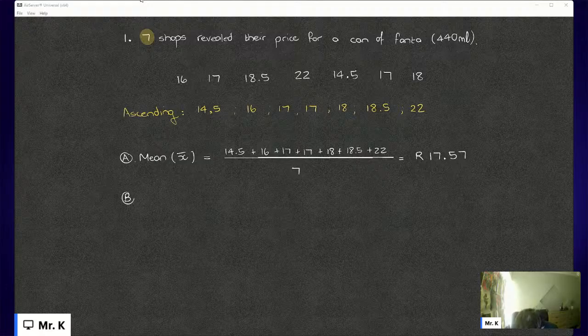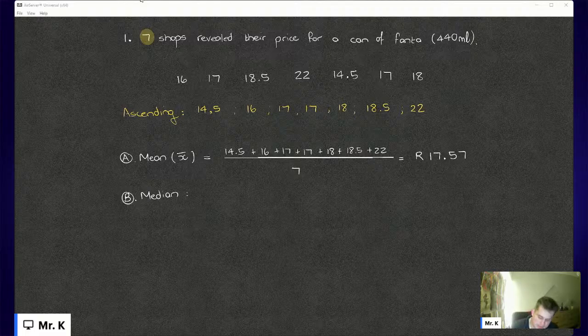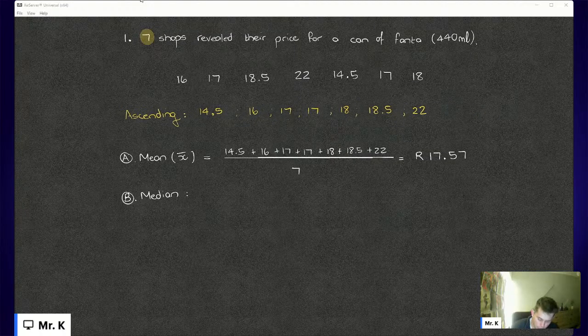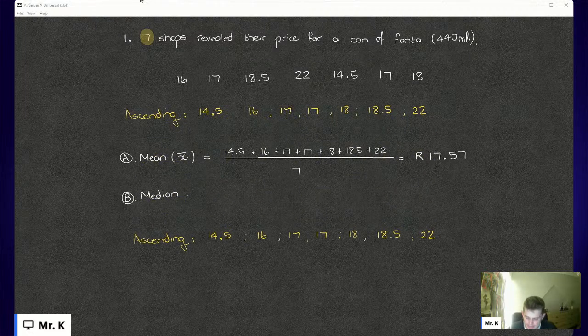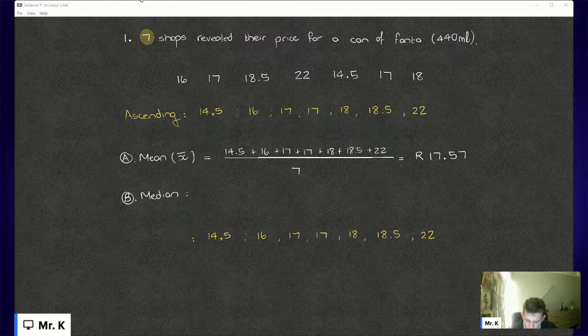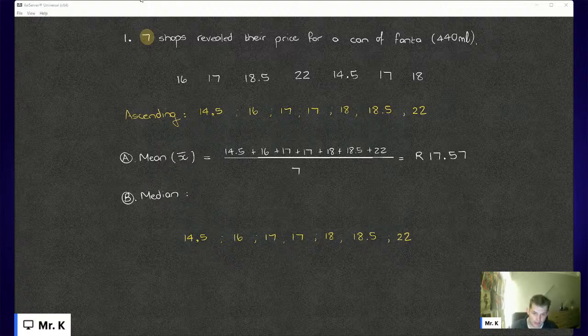Now, B, we want to calculate the median. There are 2 ways of doing this, and I'm going to show you both. The first way requires that you have an ascending data set, right? Like the one we've reordered. Because the median is the middlemost number, we are going to start on the left and make a cross. Go to the far right, make a cross.